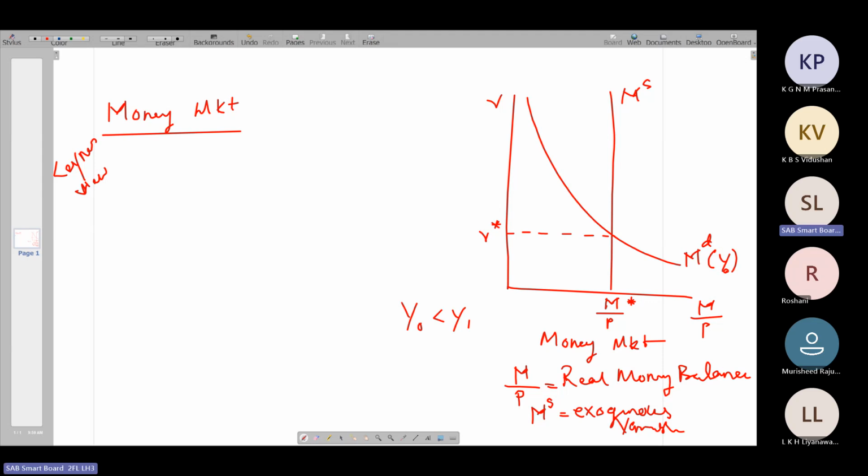Suppose our income level increases from Y0 to Y1. That shifts the money demand curve to the right. Do you agree?